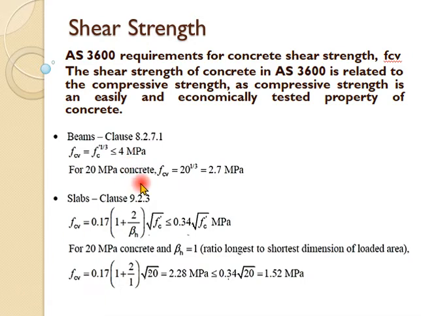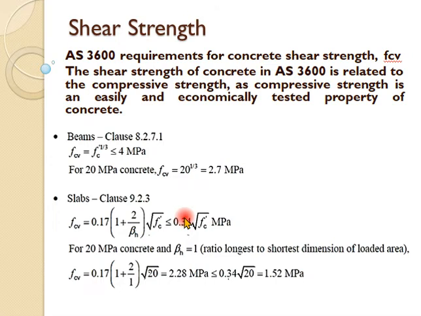So for example, for 20 megapascal concrete, the f_cv, the shear strength, is equal to 20 to the power of 1/3, which is equal to 2.7 megapascal. And this value is lower than 4 MPa.